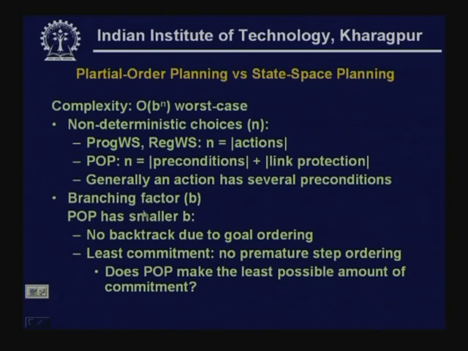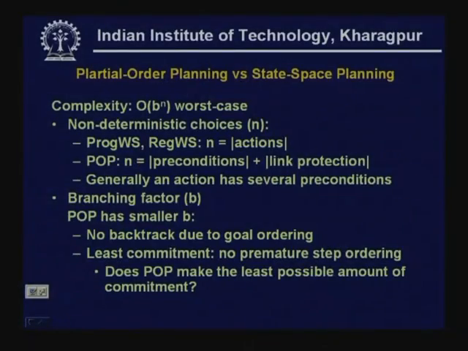Now, if we look at the branching factor, POP usually has a smaller value of the branching factor, but the main advantage of POP is that we have no backtrack due to goal ordering. We have a backtrack when we have to satisfy an open condition, there could be more than one action which satisfies the precondition. So, there is a choice point. So, there could be some backtracking on deciding which action to use to achieve this precondition.